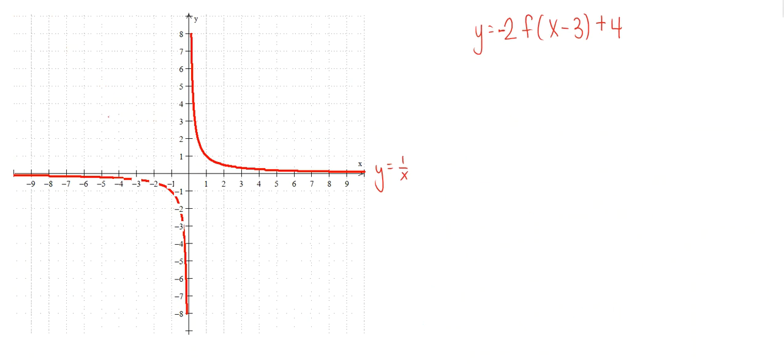Okay, so now let's look at a reciprocal function and what it looks like when we work with it in this notation. So again, identifying what we have here. First little bit here, we have a -2 outside of our function. The -2, again, is going to have a reflection and also a vertical expansion.